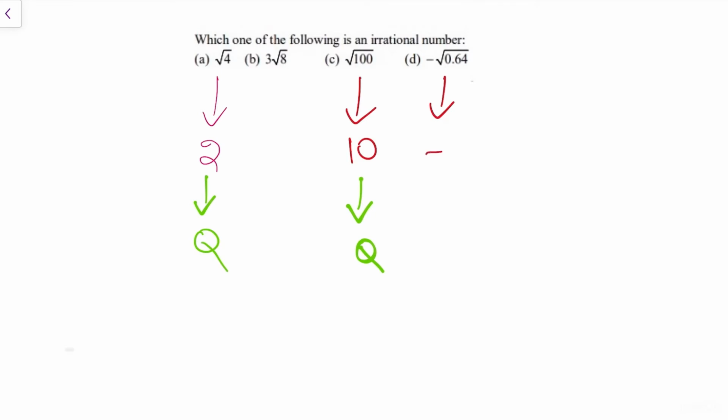Then write minus as it is. Next, 0.64 is inside. So 8 square is 64. Here after the decimal 2 digits are there, so here we need to keep after the decimal 1 digit. So minus 0.8.